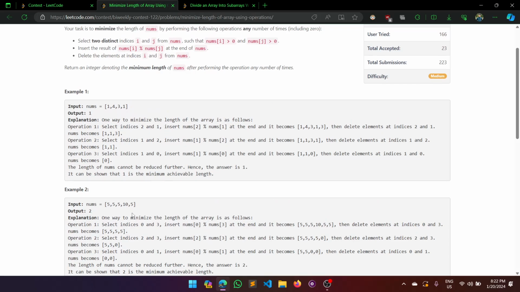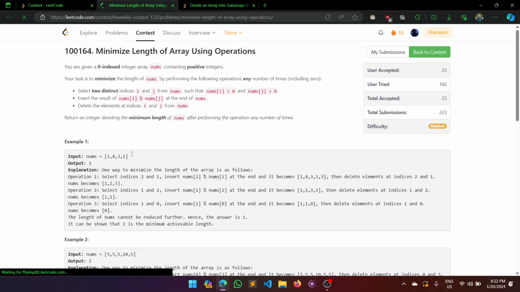Oh, wait a second. So a bigger number modded with a smaller number? A bigger number modded with a smaller number will always vanish itself. So the bigger number will eventually vanish and I will be left with a smaller number, right?